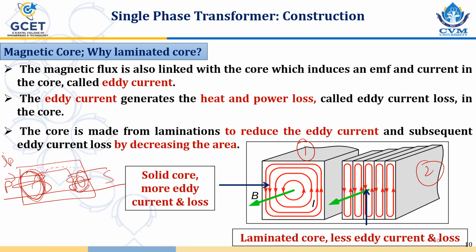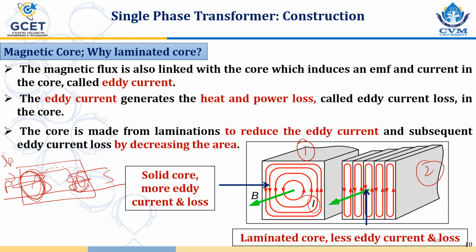If a solid core is used, then its area is larger. If the area is larger, flux linkage is more and more EMF is induced. Due to this more EMF, more current will be induced in the core.